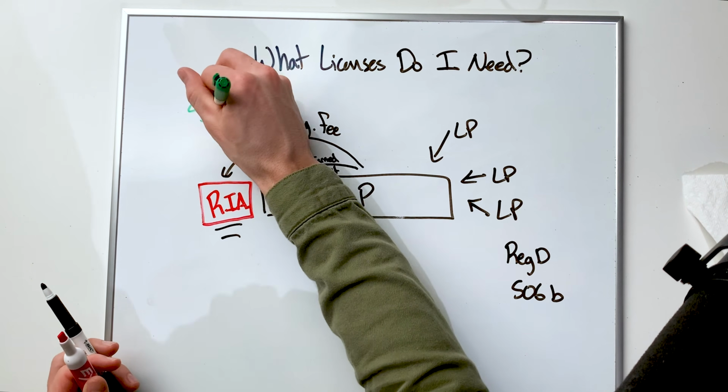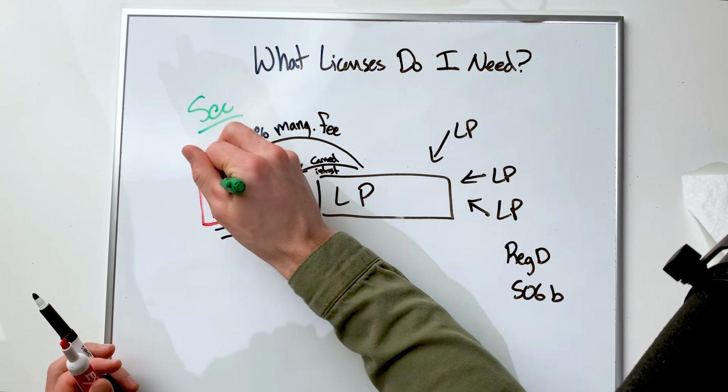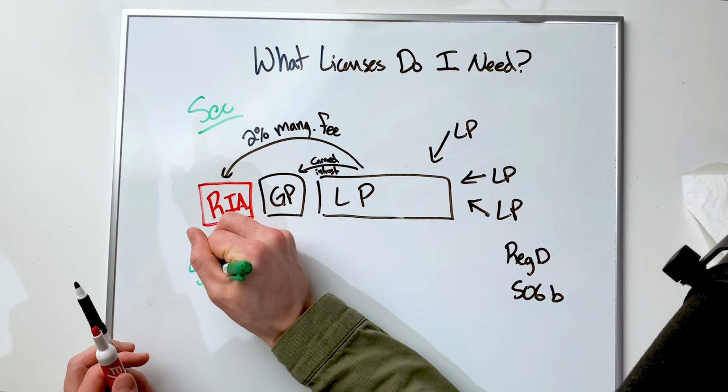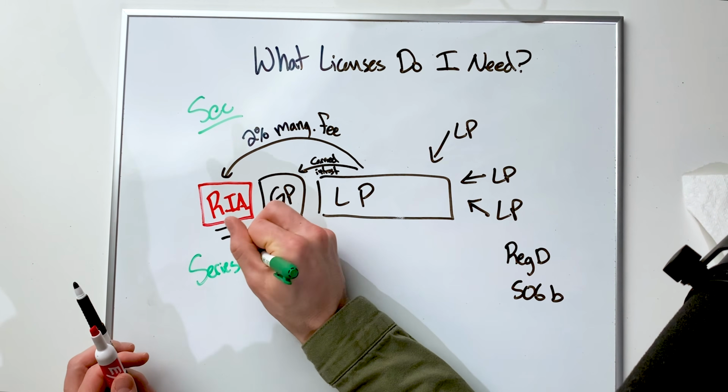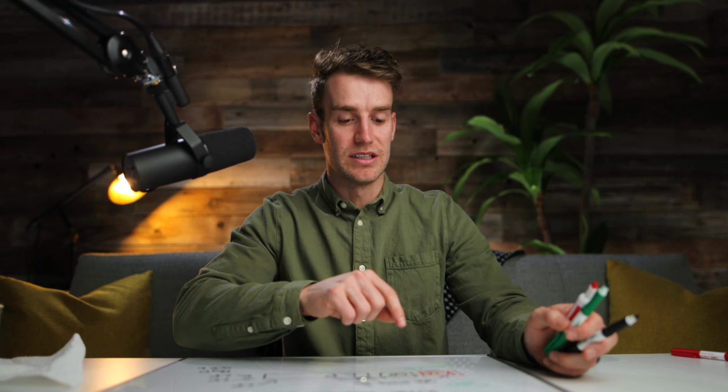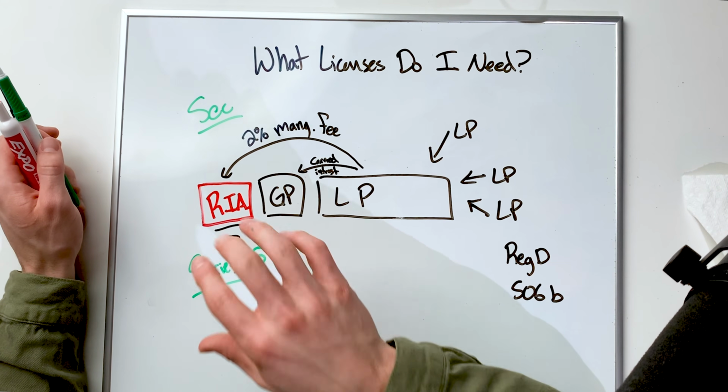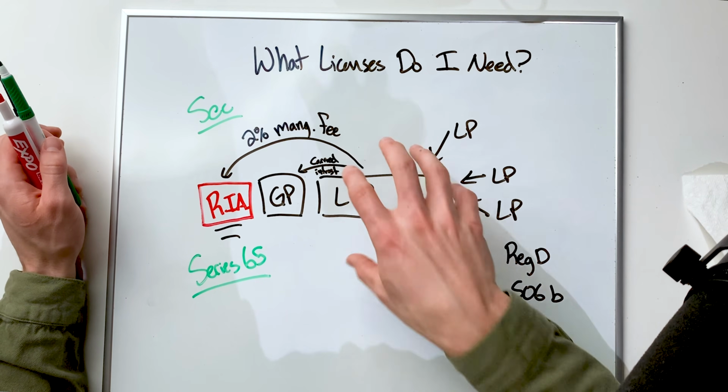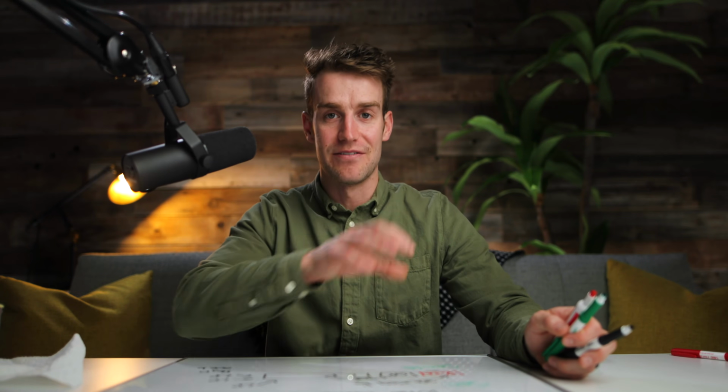To do that, the SEC comes in and says, we want you to be licensed to have a registered investment advisor. And typically to do this, you need to have what's called a Series 65. The Series 65 license will let you set up a registered investment advisor, and you are advising the fund as your client and getting a 2% or a 0.5% management fee as an advisement fee.